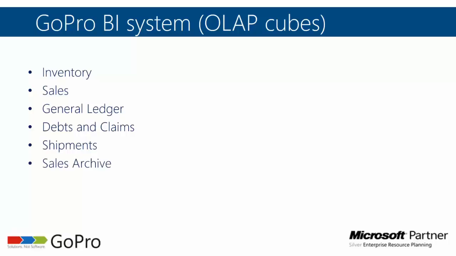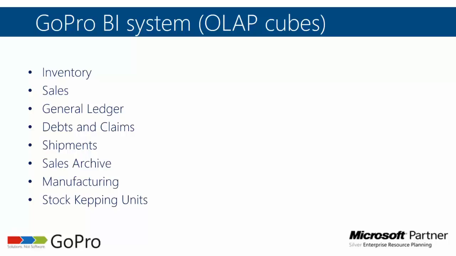Sales archive cube: here we can analyze sales amount, profit from the sales archive, invoiced quantity, shipped quantity, and so on. Manufacturing cube: here we can analyze manufactured quantity, input quantity, and compare planned and real input quantity per products, and so on.